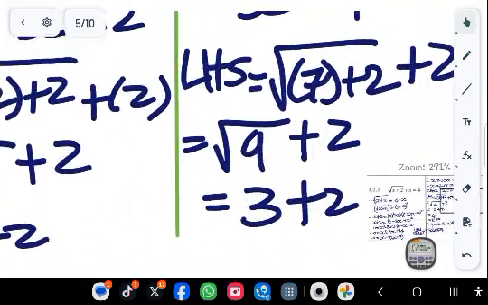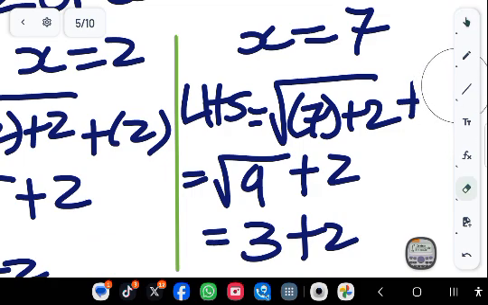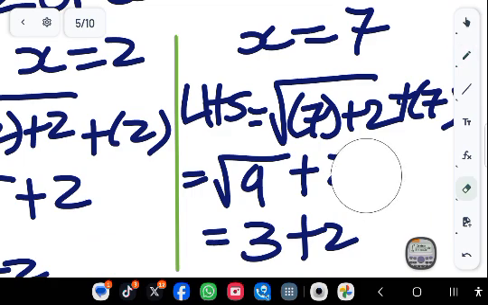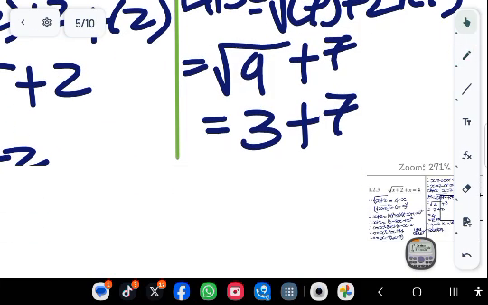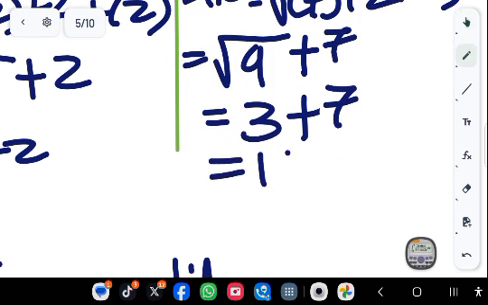No, sorry, plus 7. Sorry, made a mistake there. With substitution, we're substituting. Alright, so this is 2 plus 7. 3 plus 7, that gives us 10. Sorry about that. Silly mistake.